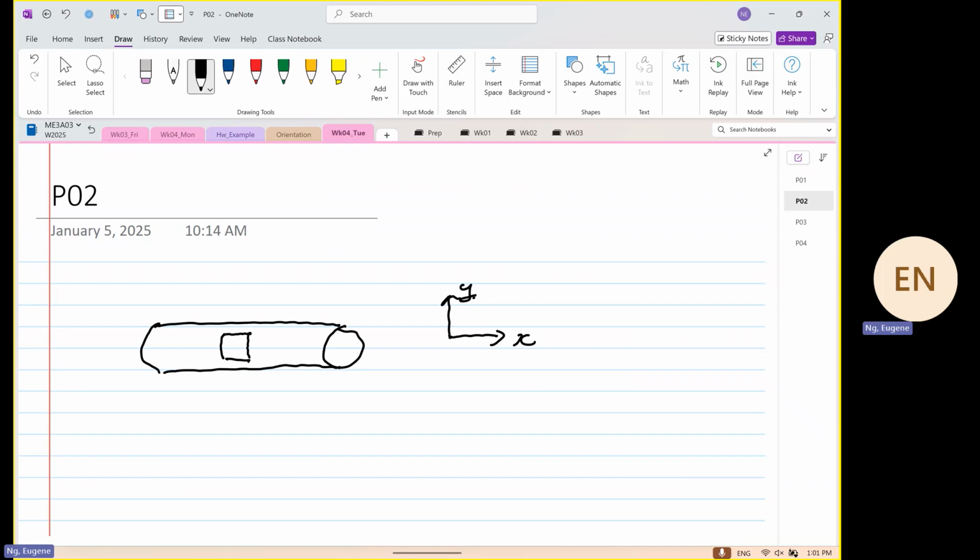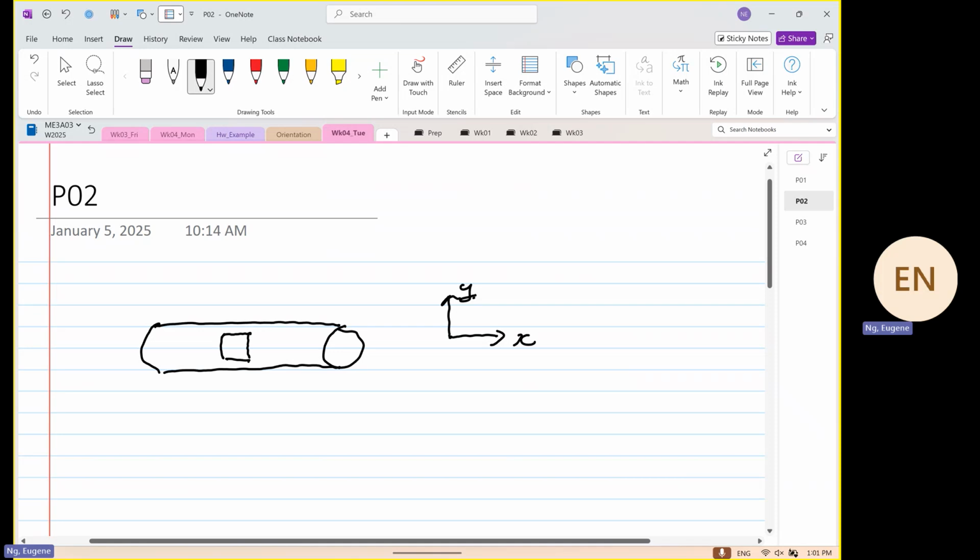What do you see? This is a chalk from another student. What do you see? Where is fracture going to occur?